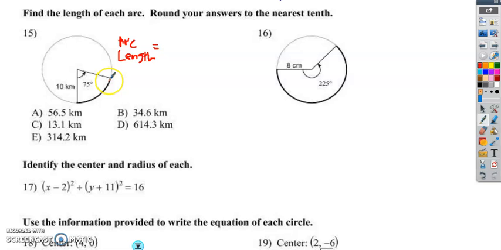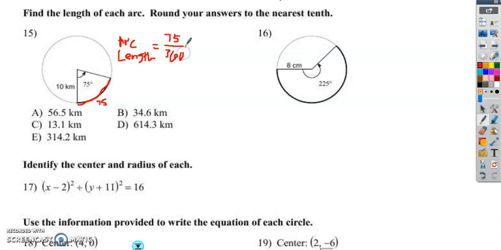So if I want to know just this part, then this is 75 degrees out of a possible 360. That's the percentage of the circle that I want to know the length of. Okay, so that's where this 75 divided by 360 comes from.